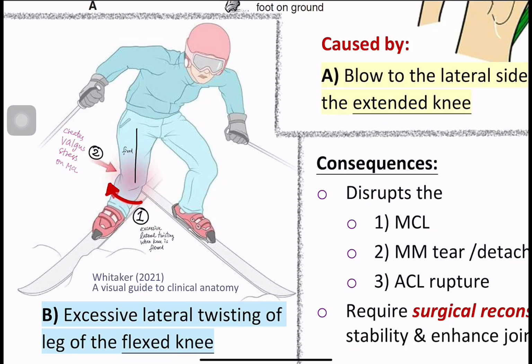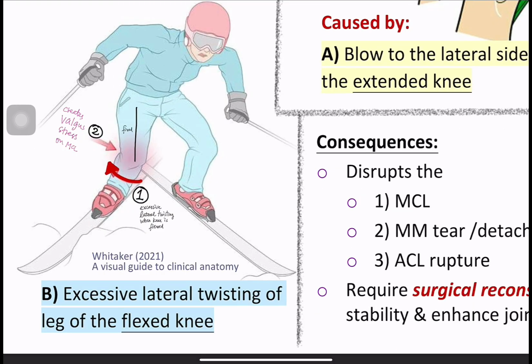The second mechanism is excessive lateral twisting of the leg when the knee is flexed. When the foot is firmly planted on the ground, like in skiing, and the body rotates away from the fixed leg, it creates a powerful rotational force at the knee. This twisting motion places tremendous strain on all three structures.